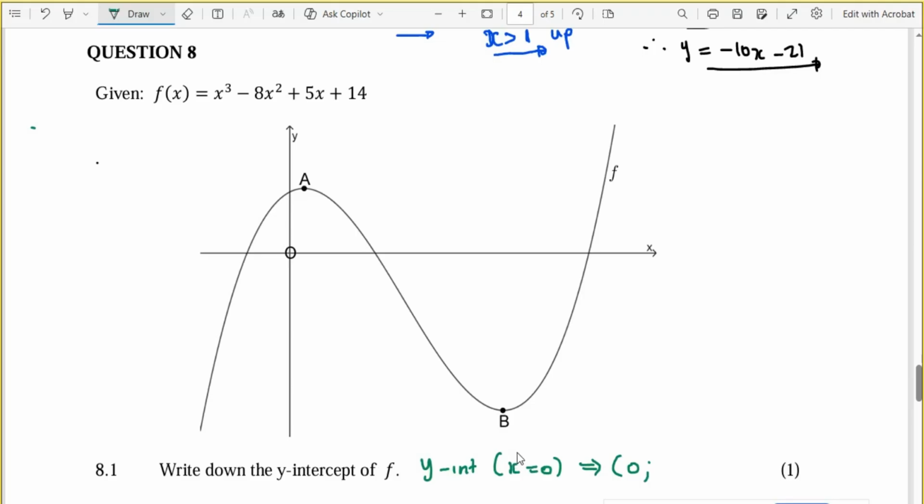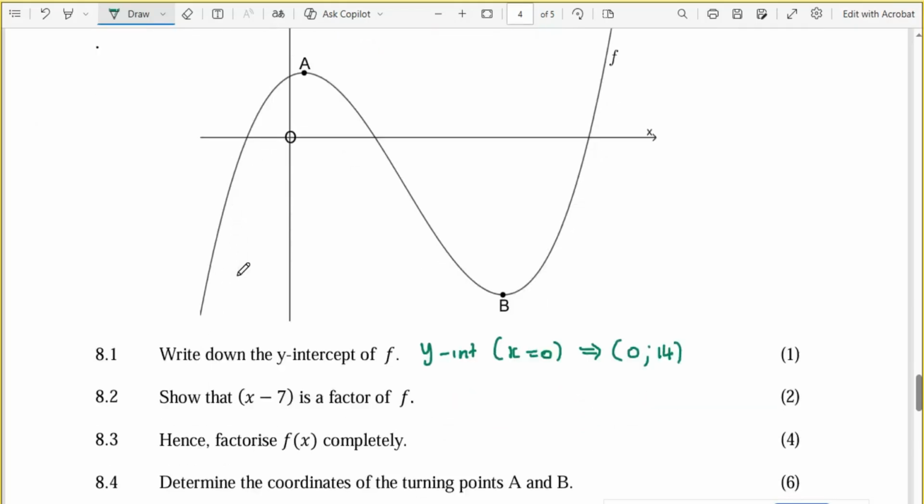Come on, Emerson. If x is 0, look at the equation. No, you don't need 2 minutes, you need 10 seconds. It's 14. You don't have to do calculation. You go to your graph, look at the term that doesn't have x, which is 14, and write it down here. Okay?